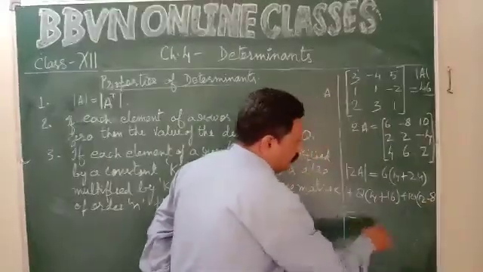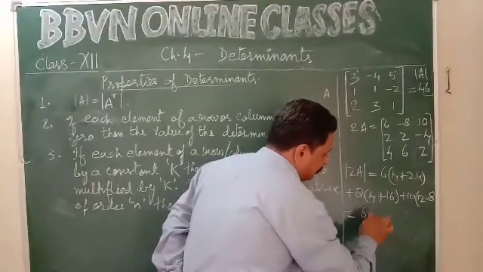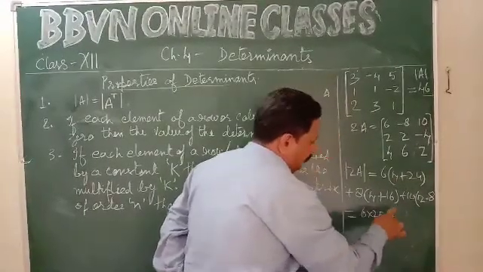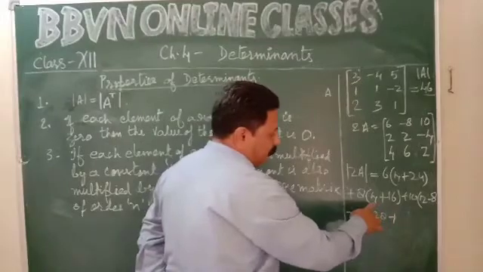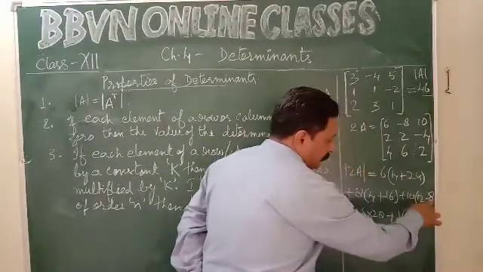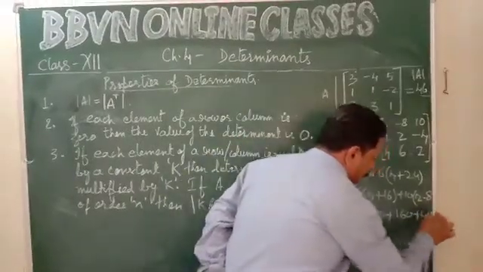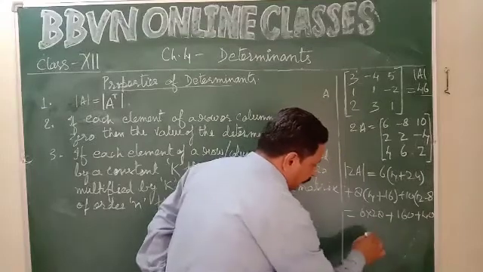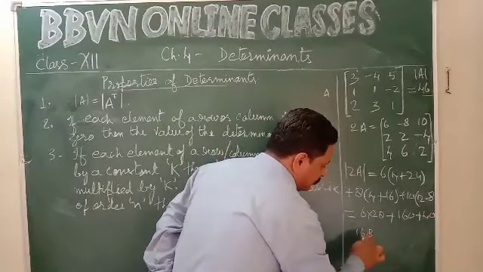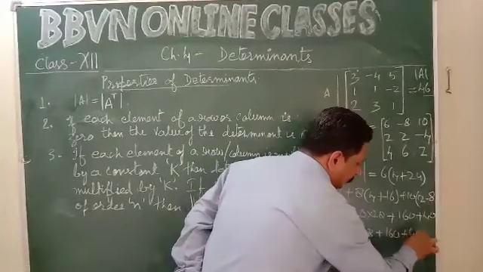So this is 24 plus 4, 28 into 6, plus 16 plus 4, 20, 20 into 8, 160. 12 minus 8, 4, 4 into 10, 40. 6 into 28, 168 plus 160 plus 40.